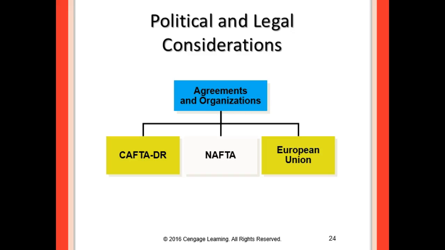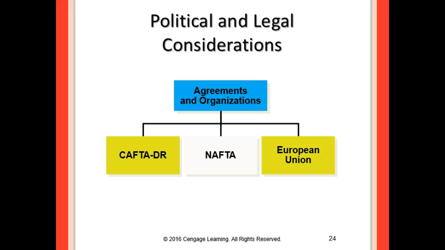knowing about the different trade agreements is important. You have a couple that are listed here. The newest one out of these is the Dominican Republic Central America Free Trade Agreement.